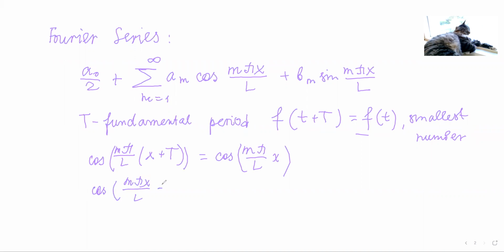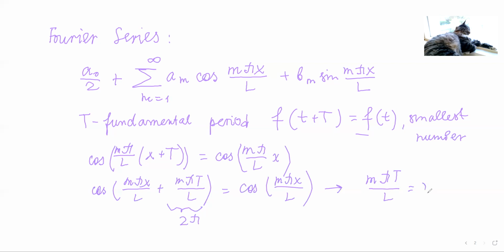X over L plus, I'm multiplying the common factor by everything, equals, well, if we want to make sure that cosine of an angle alpha is equal to cosine of angle alpha plus something, this something must be 2 pi, the smallest one for which it's going to work. So, that sets up for us the equation m pi T over L equals 2 pi. Okay.